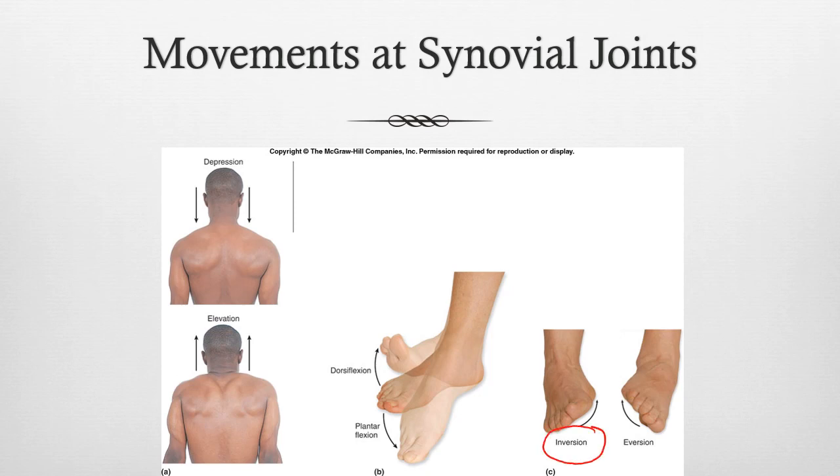That's the more common of the two, but somebody certainly can sprain their ankle with eversion as well. Sometimes, depending upon who you read or the source that you're looking at, inversion is also referred to as supination, and eversion is referred to as pronation.